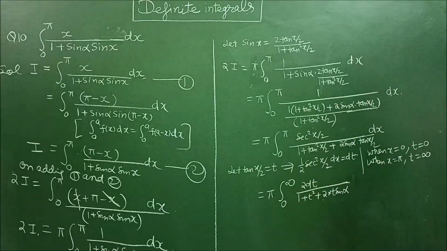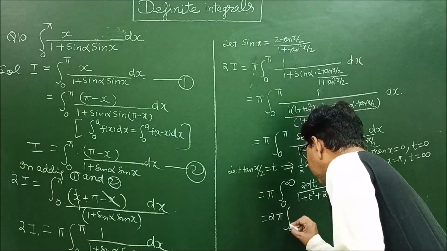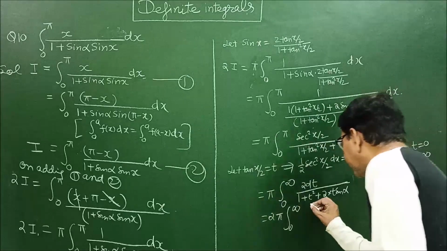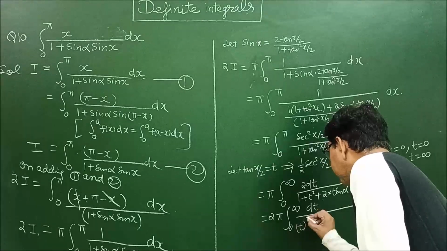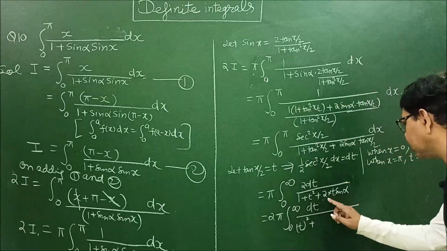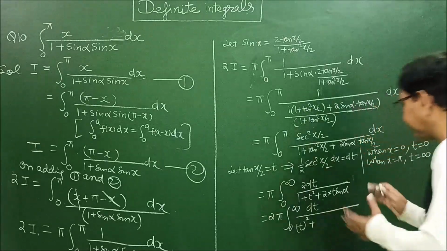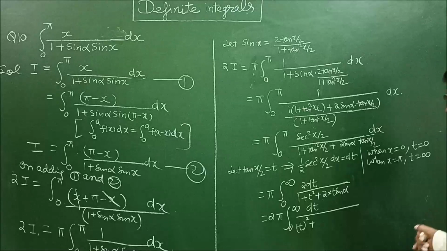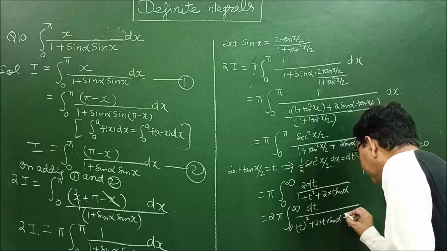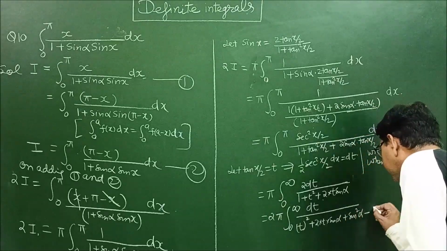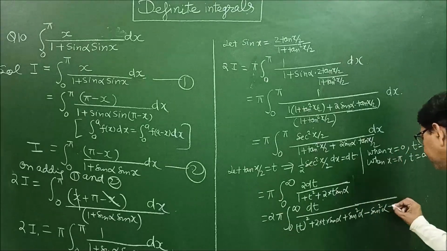Now 2 is a constant, so it can be taken out. In the denominator we can make a perfect square: t square plus 2 into t into sin alpha, and to make it a perfect square we must add the square of sin alpha, so adding sin square alpha and subtracting sin square alpha, and then plus 1.